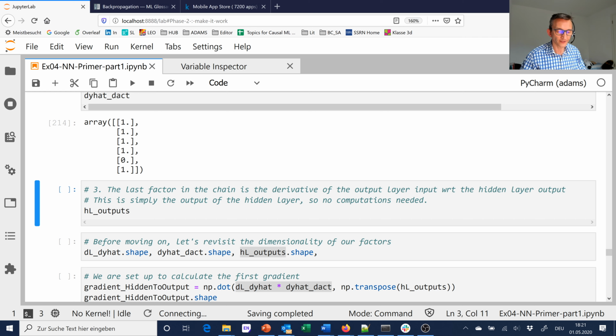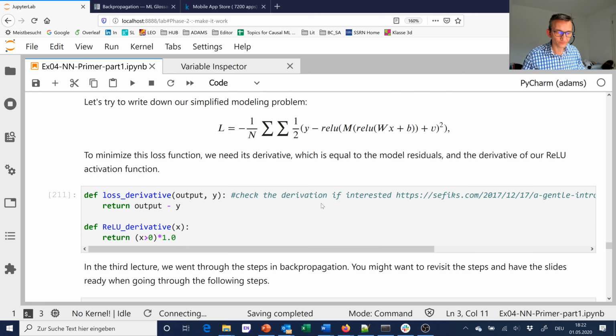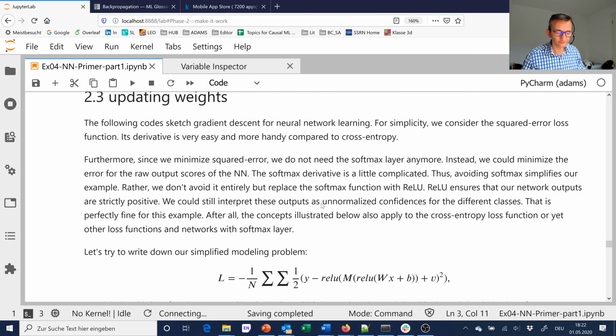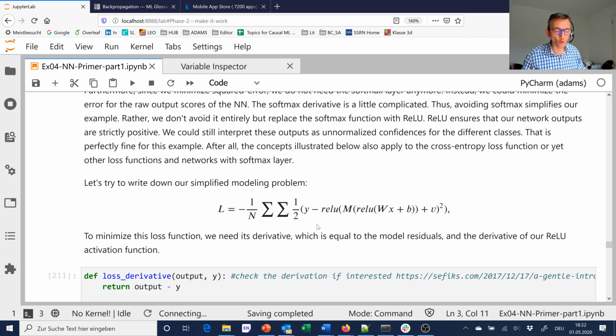I think it's helpful to look at the equation again. Once we go deeper into this neural network here, we were dealing with the ReLU function in the output layer. And the next computational step is M times the hidden layer output. All that bit here plus V, but that doesn't matter at the moment.